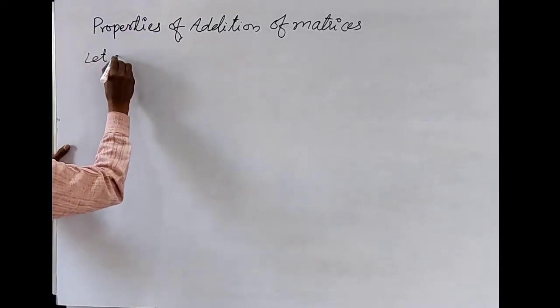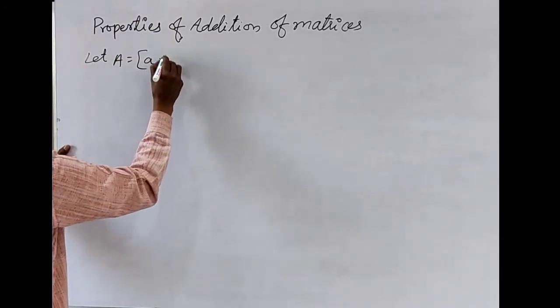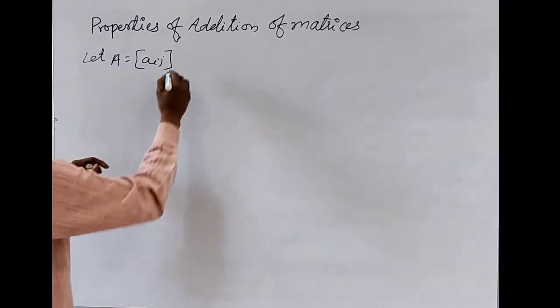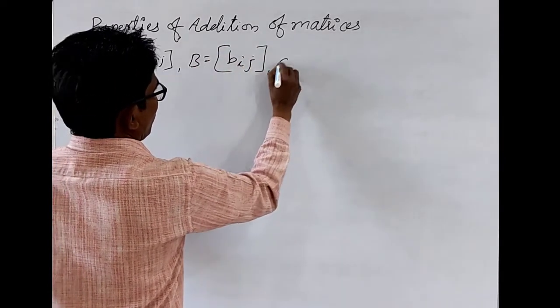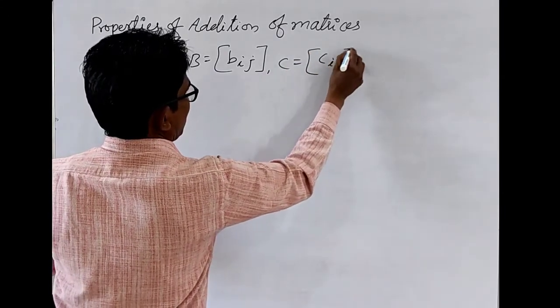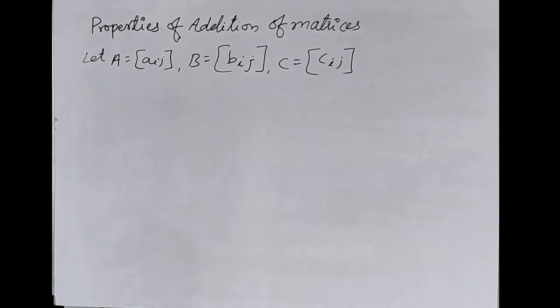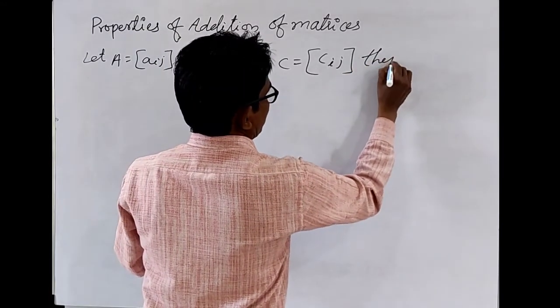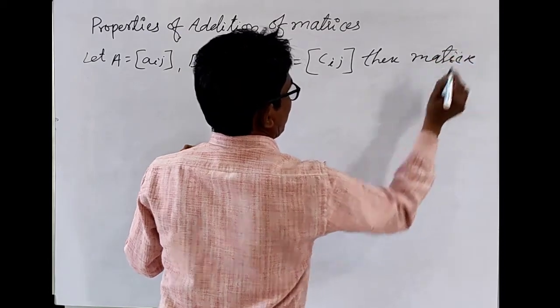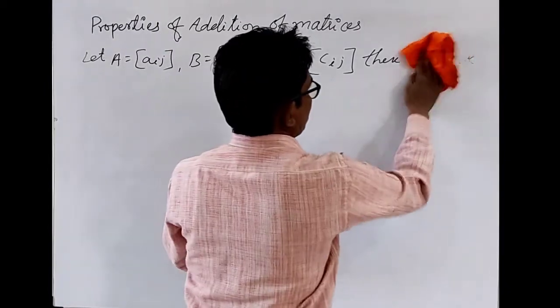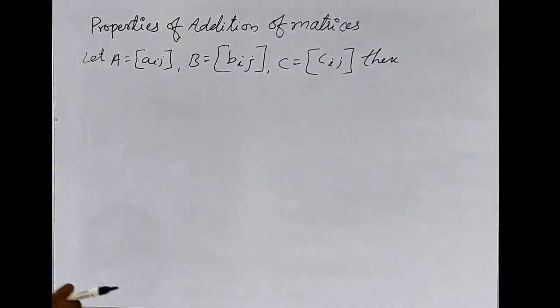Let A be a matrix Aij, B be a matrix Bij, and C be a matrix Cij, be matrices of the same order.